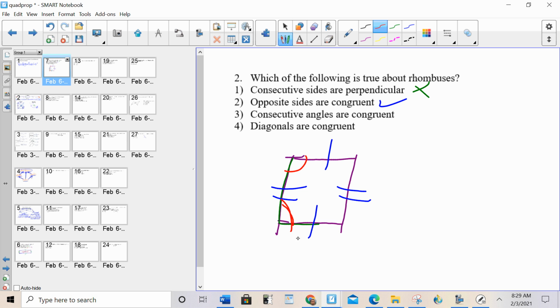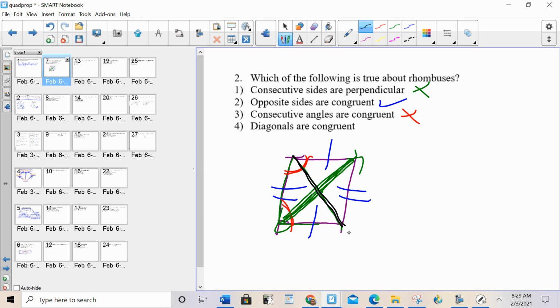No, this one's acute. This one's obtuse. They're not congruent. Diagonals are congruent. No. When you have a slanted shape, the diagonals are not going to be congruent. This one is obviously longer because it's being pulled out that way and that way, and this one is being pinched in.